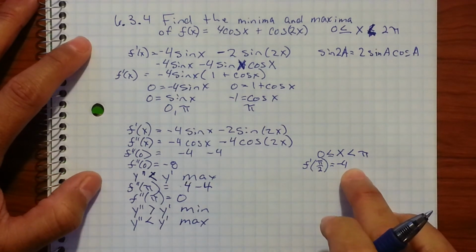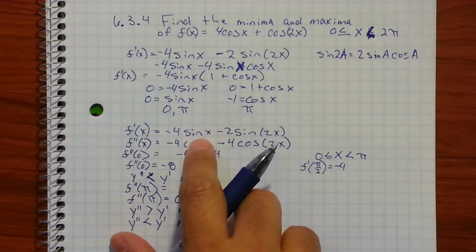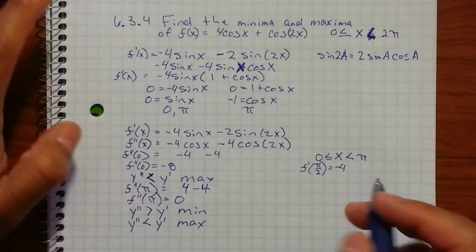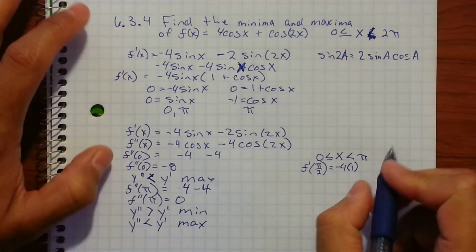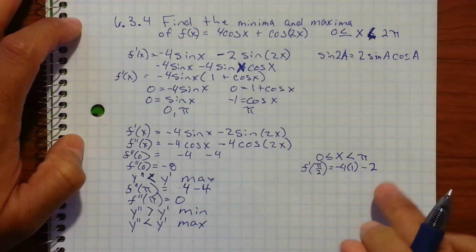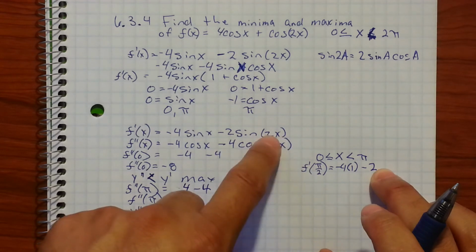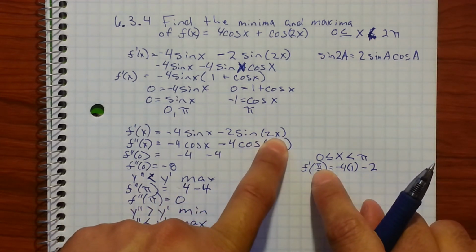Now sine at pi over 2, so I'm looking off this one right here. Sine at pi over 2 is going to be 1, and the next one's going to be -2. Now the next one says 2 times, if I'm plugging in here, 2 times pi over 2 is just going to give me pi.